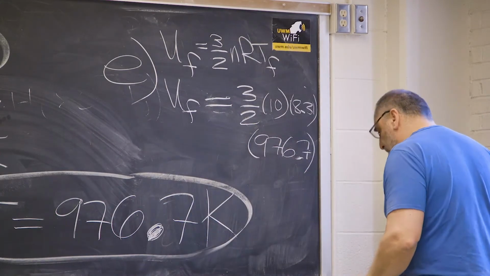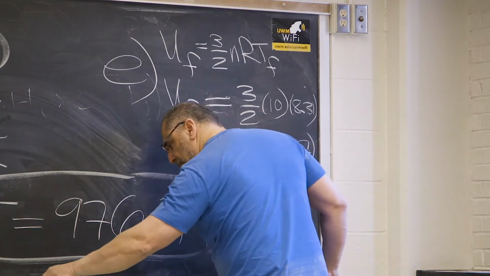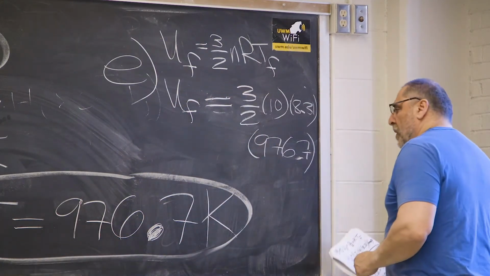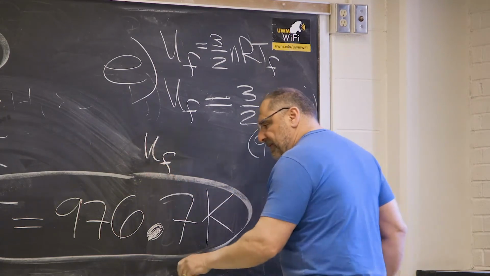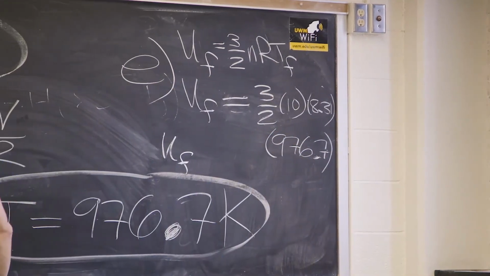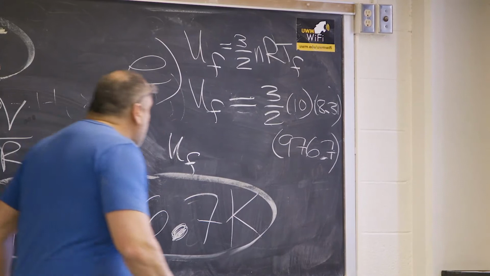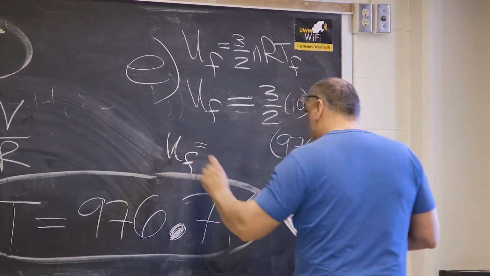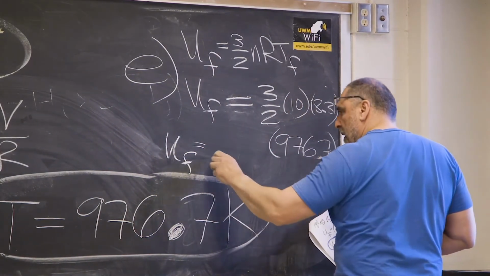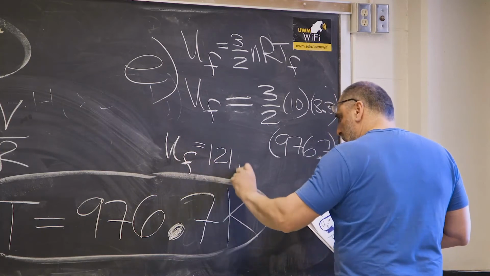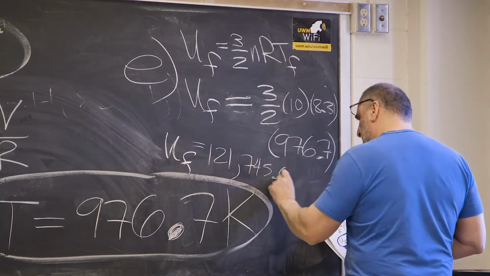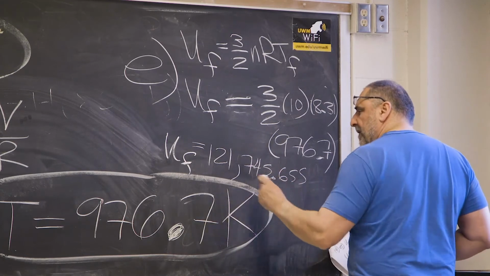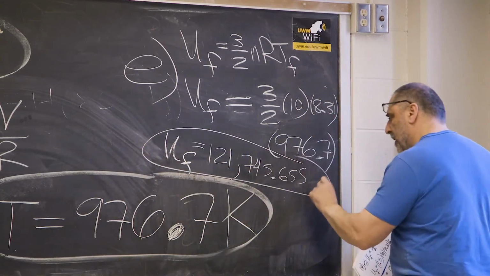So let's see what we got. When you do this, you got UF, $121,745.655. Forgive all the mumbo jumbo, guys.